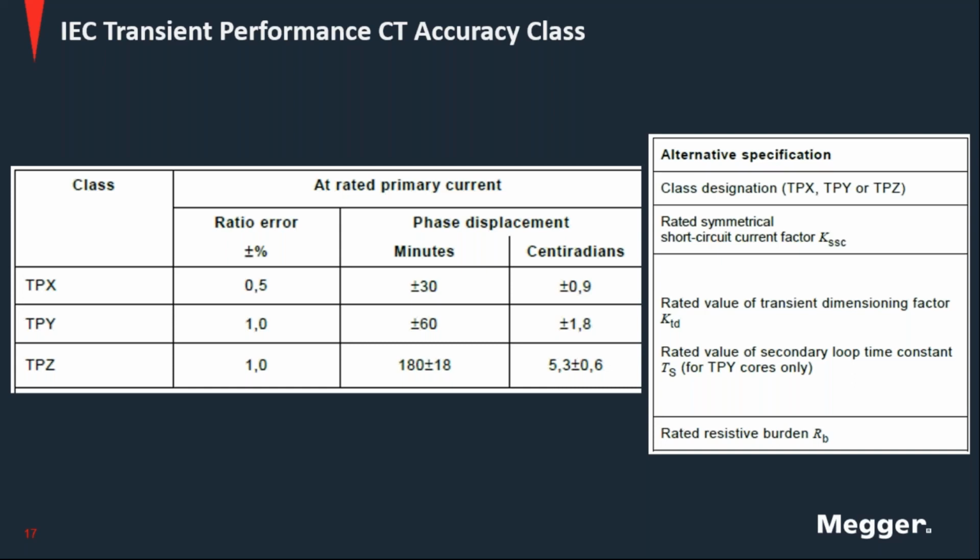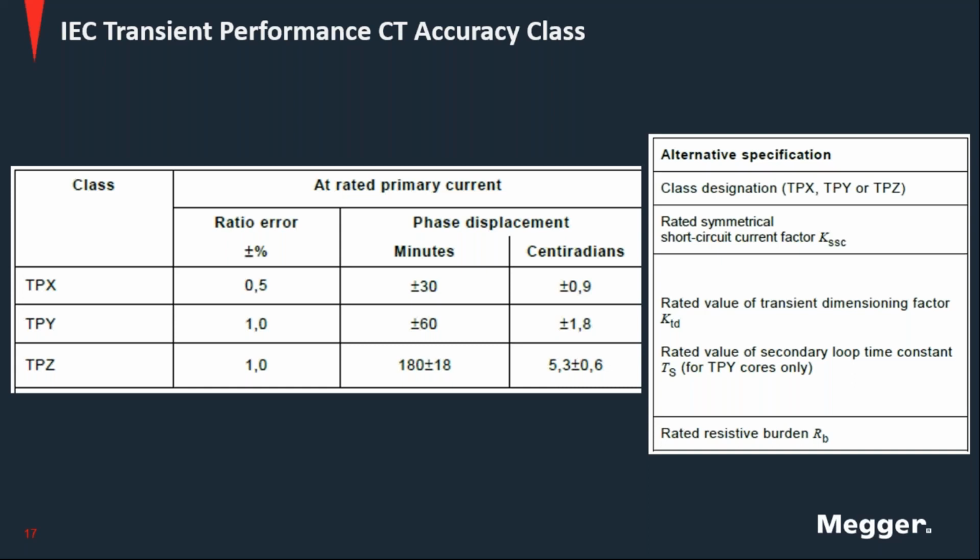So they have other parameters, other characteristics that need to be assessed, like the rated value of the transient dimensioning factor KTD, the rated value of the secondary loop time constant TS, or rated resistive burden. So you look specifically at the resistive burden, not at the DC characteristic of the burden, not the inductive part.